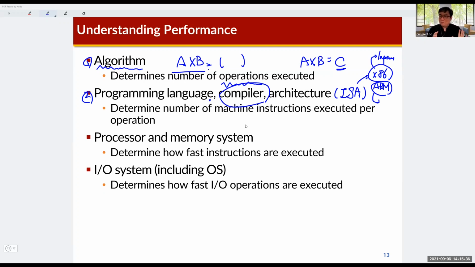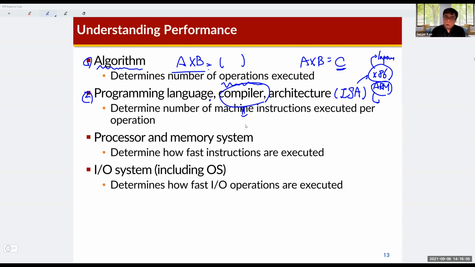But computer hardware cannot understand our normal languages, okay? So this high level language should be translated into machine language or machine code. The compiler is very similar to a translator, which translates the high level language into machine language.